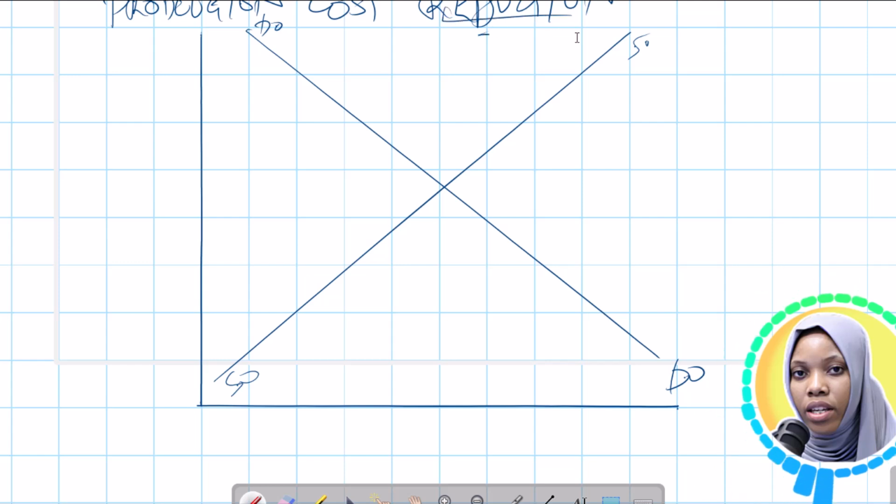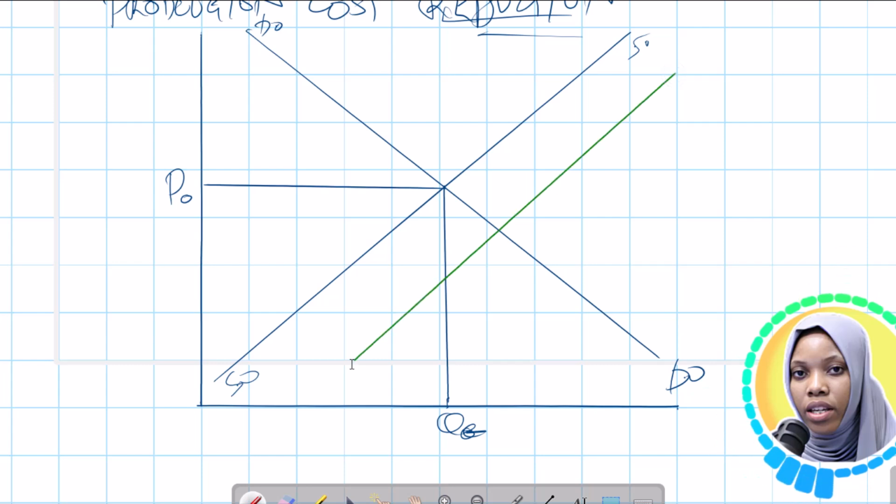Now if we reduce the production costs, suppliers are going to produce more, which is going to lead to a shift in the supply curve to the right. And then this is PO, this is QO, and our supply curve is shifting to the right like that.